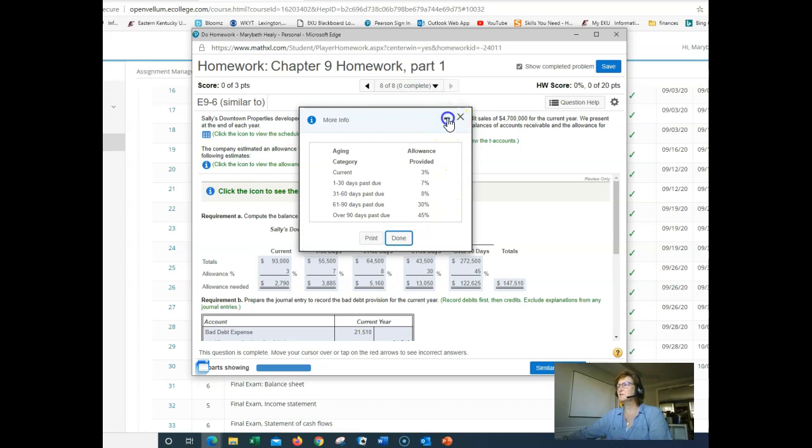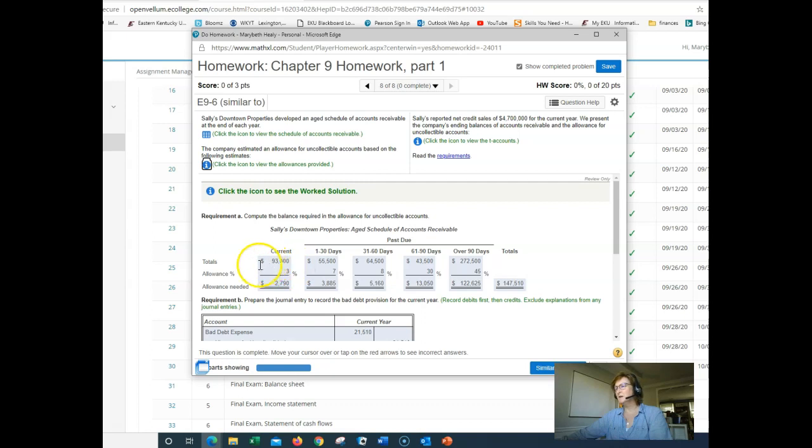So the aging of accounts receivable basically lines up all the totals for each of those little buckets of how late they are or current, and then multiplies them by the correct percent. And so we multiply that out and we sum across and we get a total.